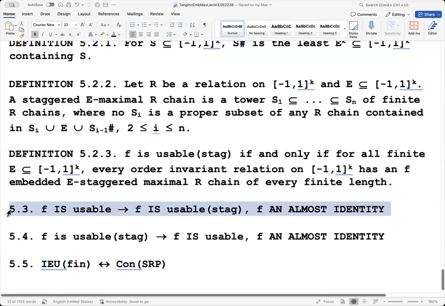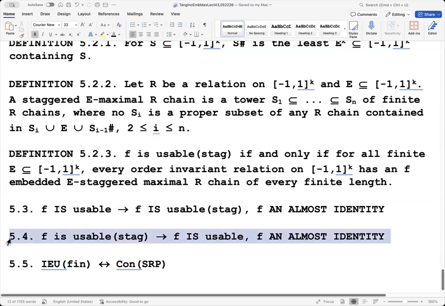Okay, so we have usability implies usability stag. And the other direction is that usability stag implies usability. And that's the more interesting part. This is sort of obvious, except you do need F as almost identity. Here, I haven't really written this up yet.